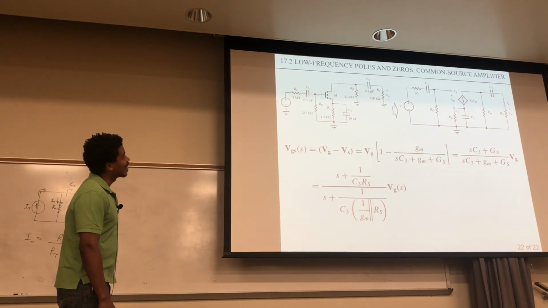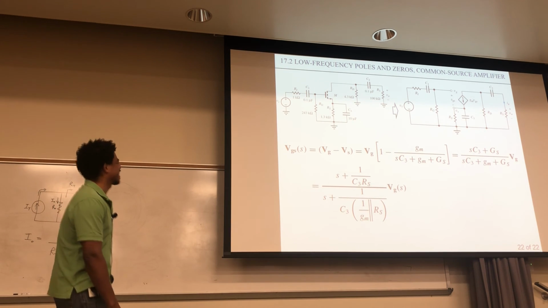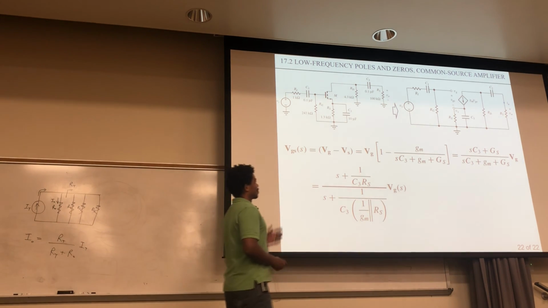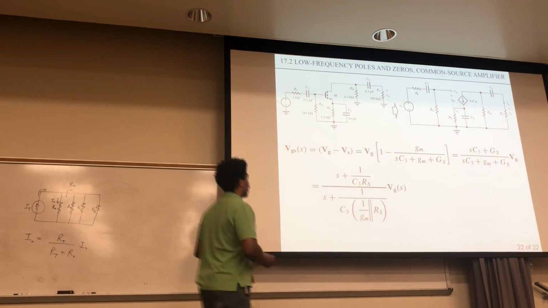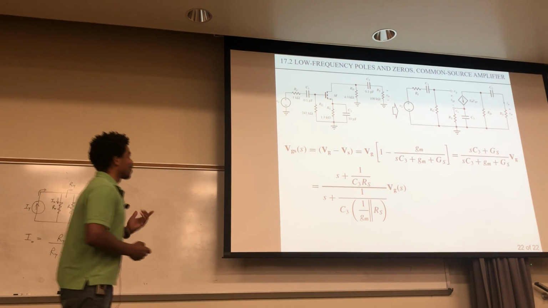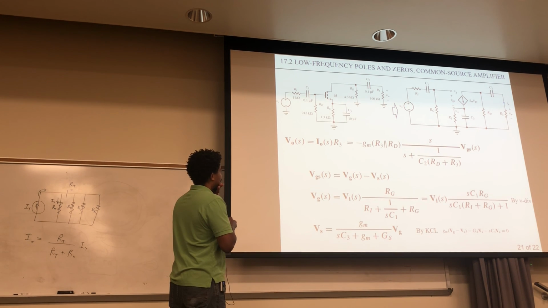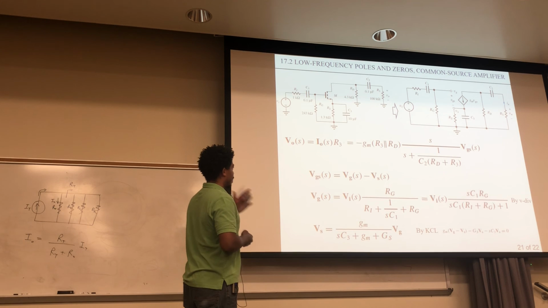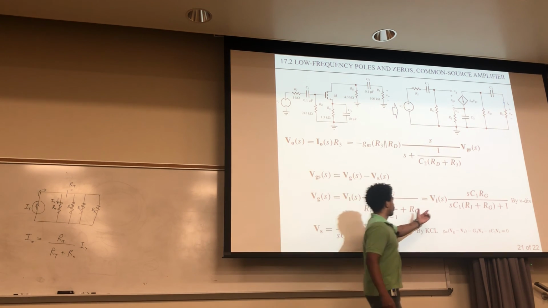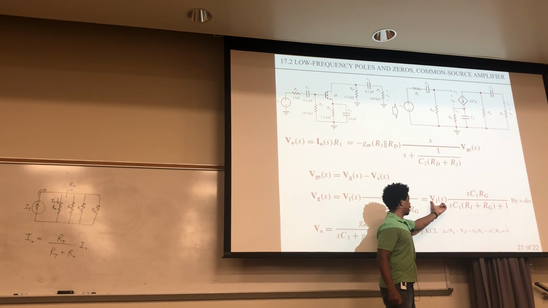What was that, one more slide? Okay, I know what was on the slide. What was on the slide was that I took this Vout and divided it by this expression that I had including this Vin.